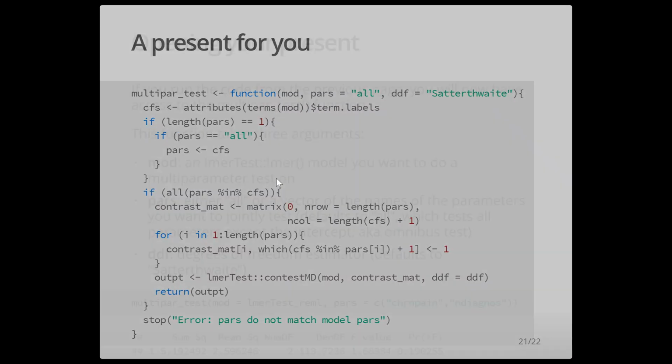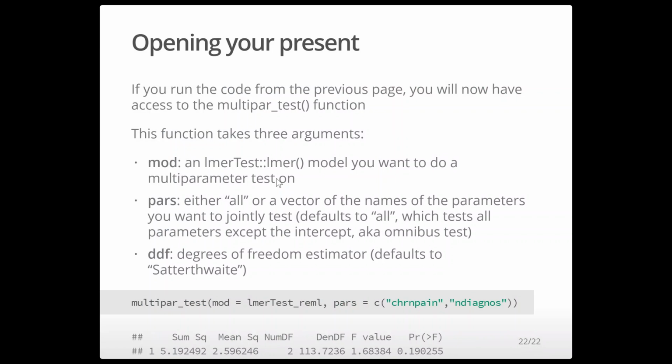And so this function takes 3 arguments. mod is an lmer model that you want to do a multi-parameter test on. pars is the parameters that you want to test, and if you leave this at the default, which is all, or you write all, it will simultaneously test all parameters, which is an omnibus test. Or you can change it to any named set of parameters within your model.